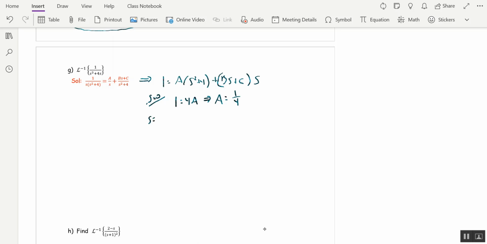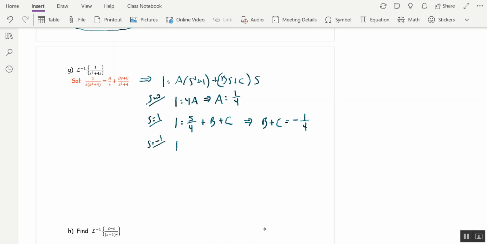Okay, now maybe s equal 1. Then I get 1 equals 5/4, because remember, a is a fourth, plus b plus c. Well, that tells me that b plus c is negative a quarter. Just put that on the back burner for now. Now pick another small value of s. Doesn't matter what it is. I'm going to go with negative 1.